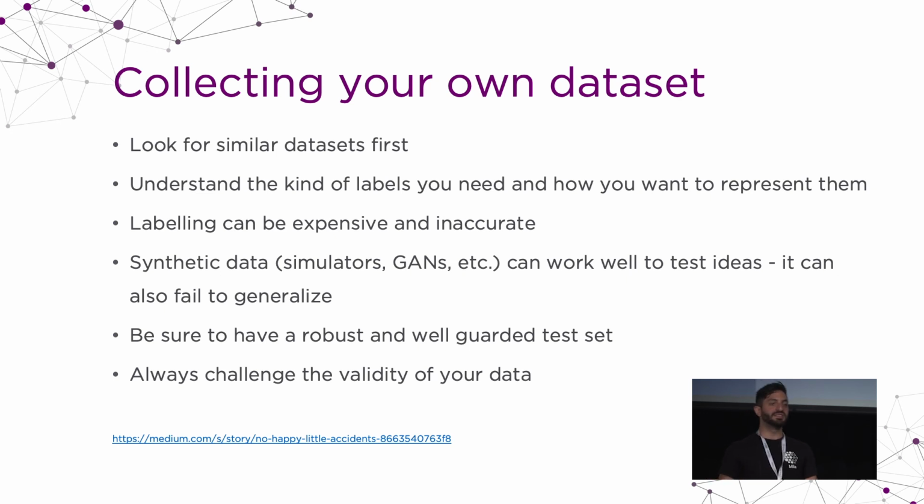It sounds like a trivial error, but these can happen very easily. And if your network can cheat, it will figure out a way to cheat. So always question the validity of your data, and always make sure that you have some tests in place to be sure that your networks are working as you expect them to work.